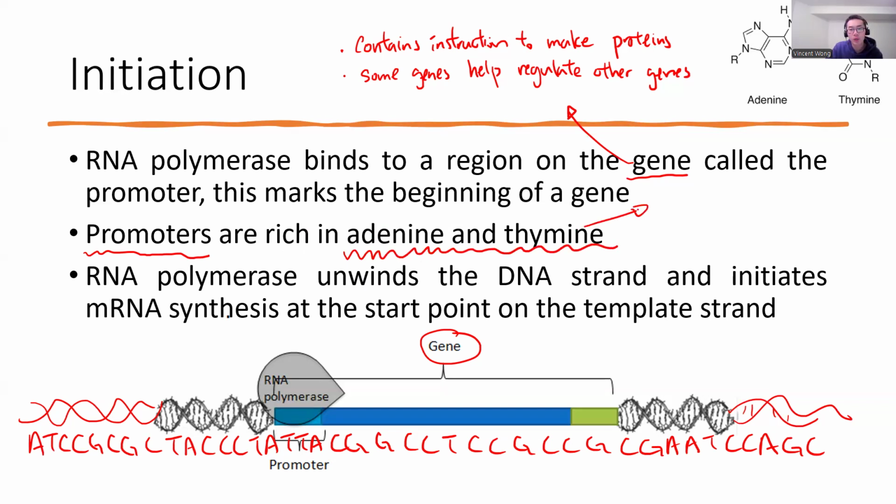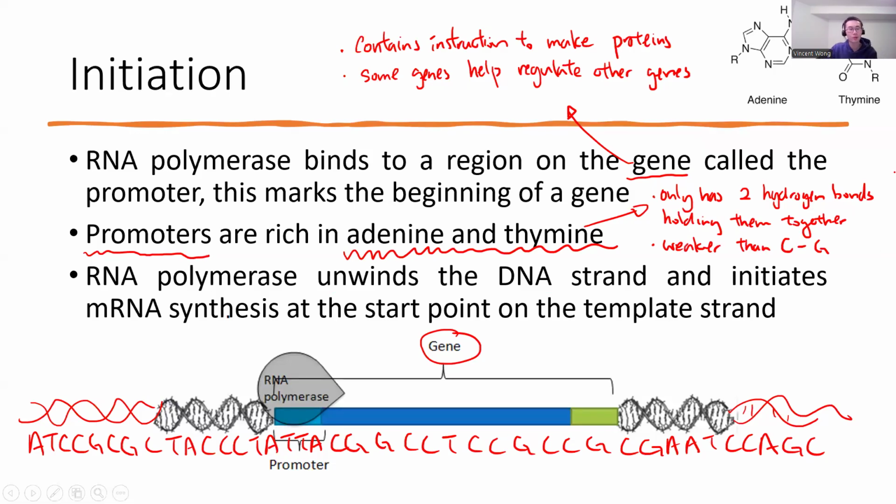Okay, if you recall, adenine and thymine only have two hydrogen bonds holding them together. It is weaker than CG bonds, right?